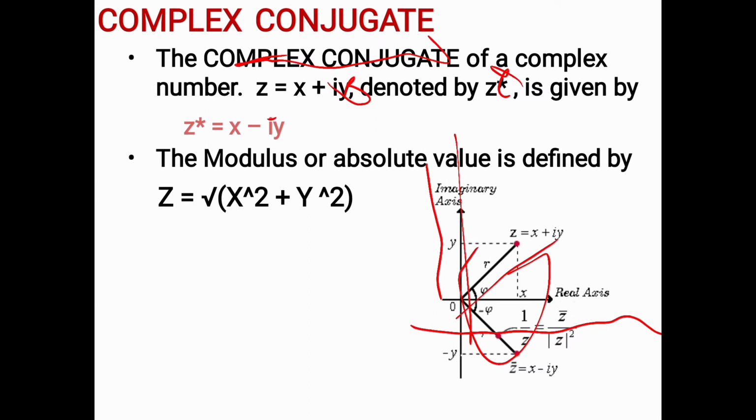Finally, z equal to x plus iy, that is our given complex number. Now, we want to write the conjugate complex number, that value equal to x minus iy, meaning the iy negative value is to be considered as the conjugate complex number. But note, earlier y was positive, now y is negative. The graph is on this side, x minus iy.